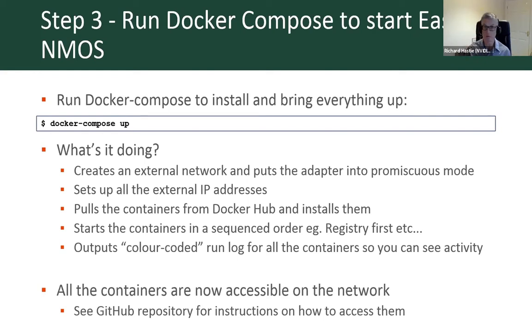You use Docker Compose up, and then everything else out of the box is completely automated for you. So what's it actually going to do? Because we'll try and show you this in a minute. Basically, it creates all of the external network interfaces on your host and connects to your physical host adapter.